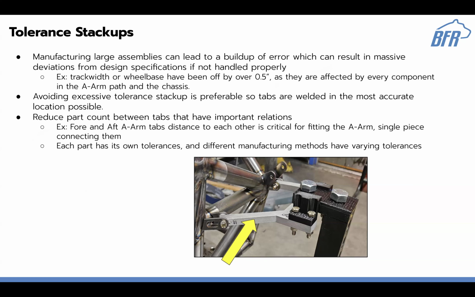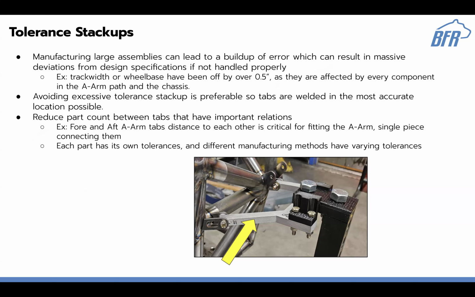Across the width of the car, which is a pretty simple dimension, it's critical for all of our calculations, and some of them are for rules requirements. We can't go below certain lengths. But once you look at the actual assembly, you'll realize how many parts are in series, stacking one on top of another, that make up that dimension.